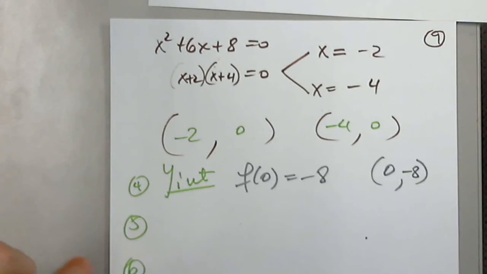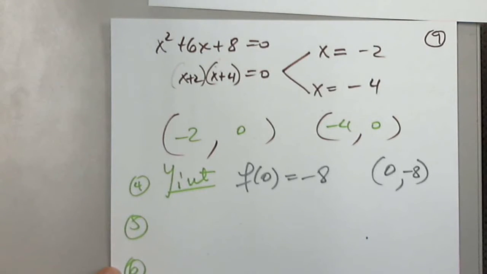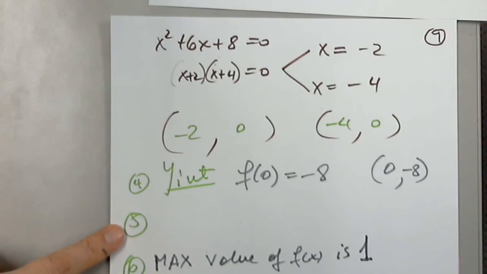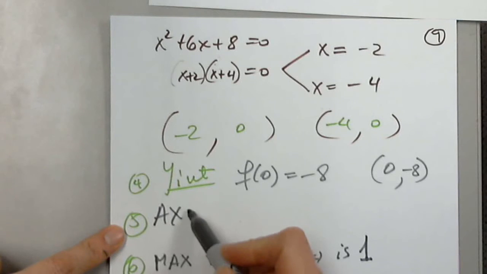Awesome. 5 and 6 are words, but they're very important. You already told me, I'm going to write it. Max value of f of x is, and please give it to me again, 1. Very good. And number 5 is the axis of symmetry.